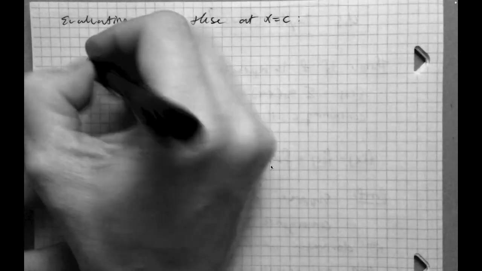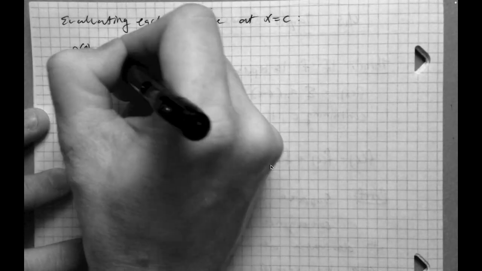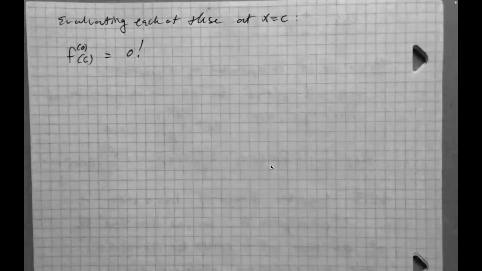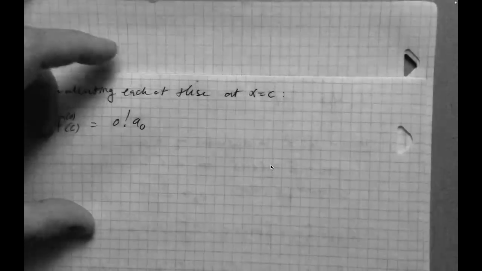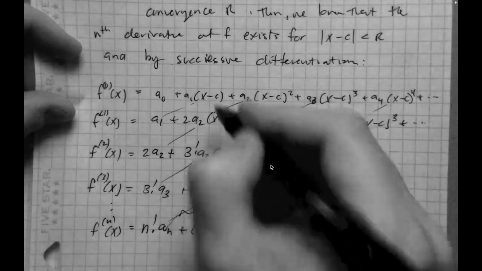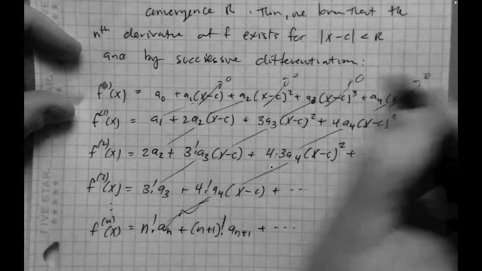What happens? Well, the function itself evaluated at c gets us 0 factorial times a0. Hopefully we can see that all of these terms would be 0. You get a 0 here, you get a 0 here, and what you're left with is that.